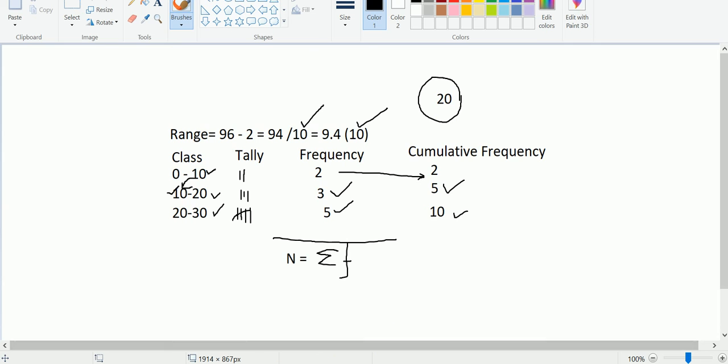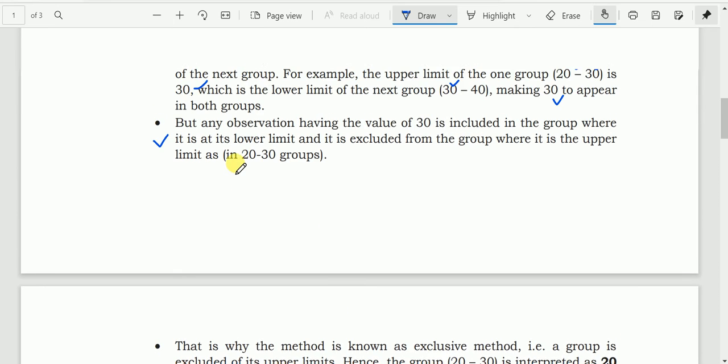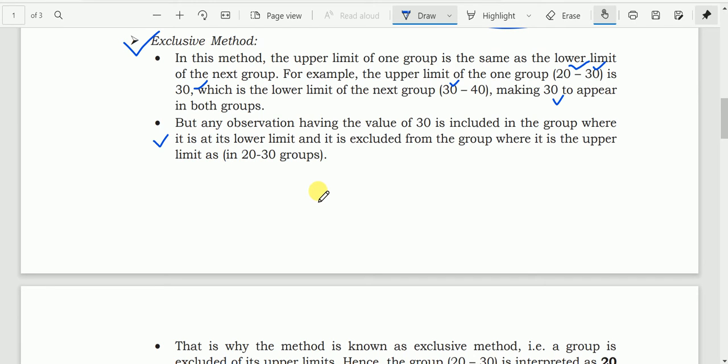See, as mentioned here, any observation having the value of 30, this is an example, is included in the group where it is at its lower limit, and is excluded from the group where it is the upper limit, as in the 20 to 30 group.